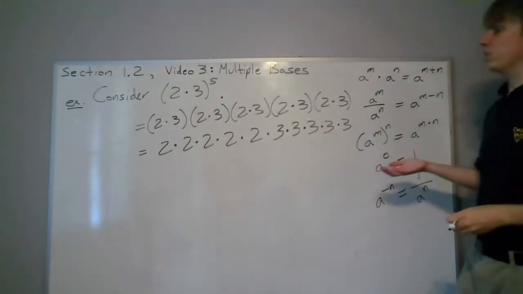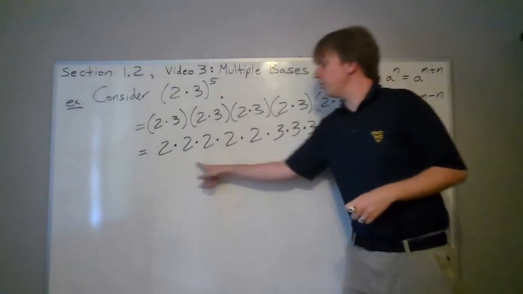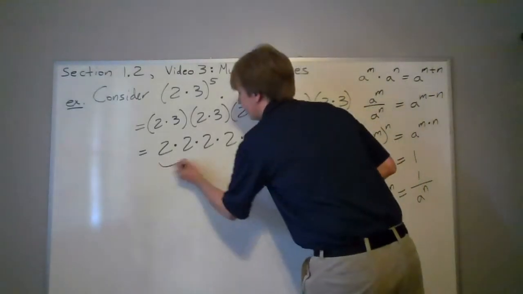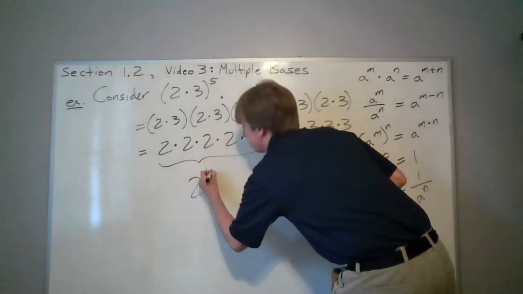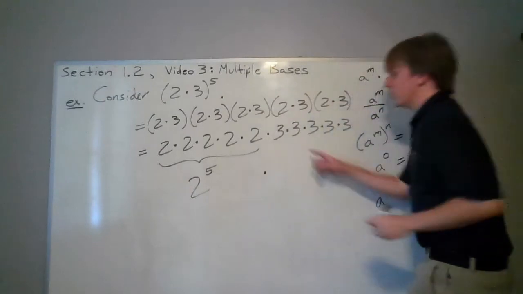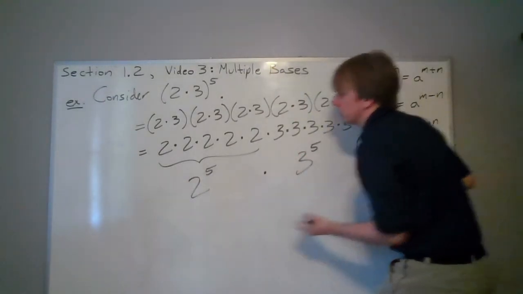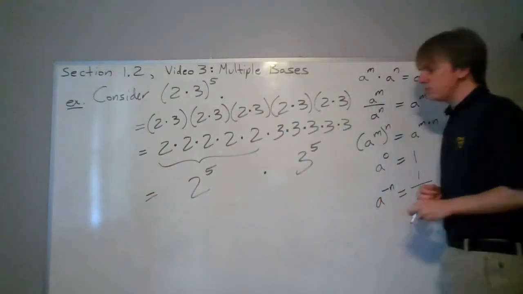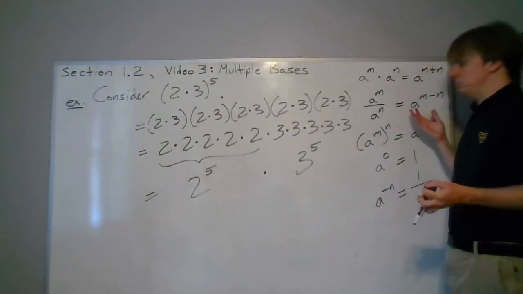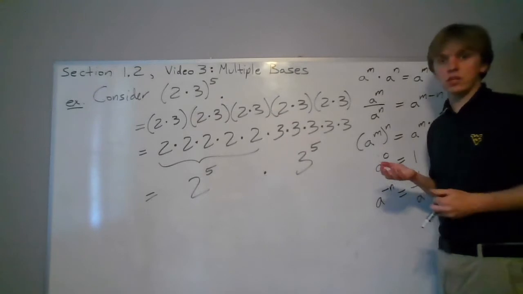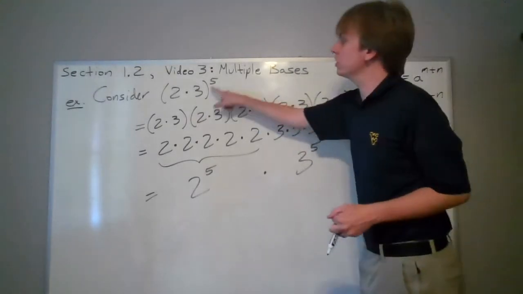And so what we end up with is 2 multiplied by itself 5 times, which would be 2 to the 5th, and 3 multiplied by itself 5 times, which would be 3 to the 5th. And I think that's good. That tells us what we're supposed to do if we have a product raised to the power.